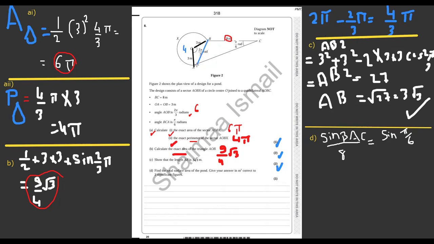Okay, so here we have the triangle BAC. It's clear now that pi over 6 is in the face of 3 root 3, which you already got in question C. So sine BAC will be equal to 9 over 4 root 3 over 8.